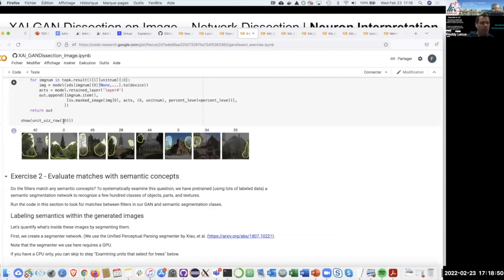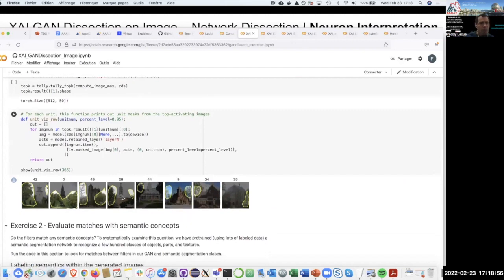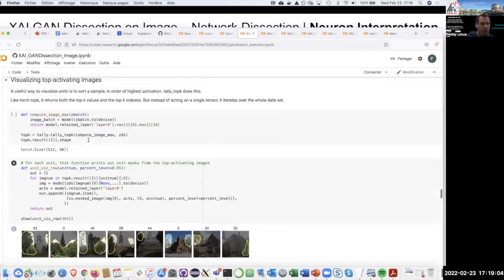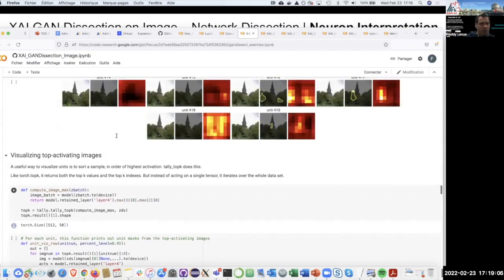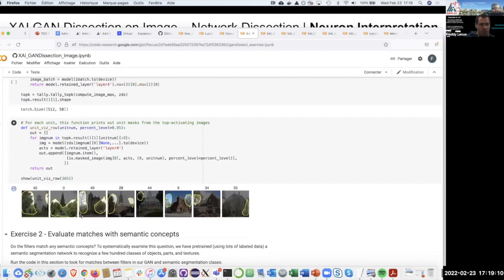So for each unit we print the unit max for the top activated images, and that's for a particular concept. So trees should be somewhere over here. It should be described earlier at some point, but they describe the different trees, and they mention where it is, and which neurons are capturing it.